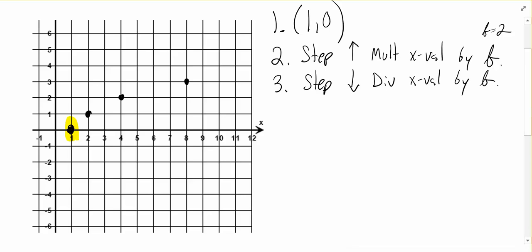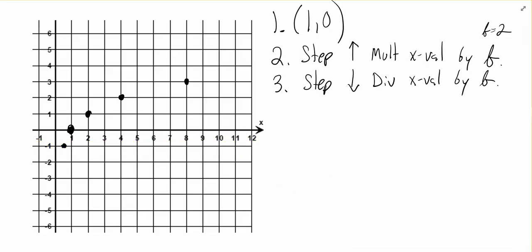So if we go back to that highlighted value here and say, let's take a step down, then I'm trying to graph something on that line. My x value was previously 1. To divide by 2 means the same thing as to multiply by a half. 1 times a half is a half. So I'm going to get right there.